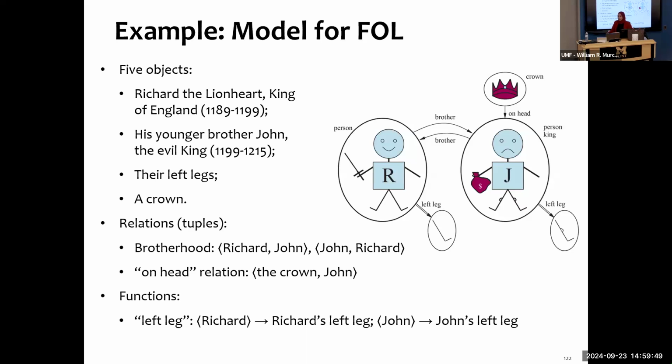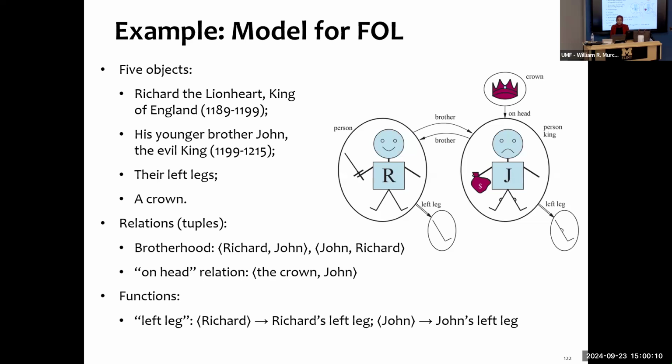This example is where we started exploring and modeling probability things. Here we have Richard, the king of England. He has his younger brother, called John.